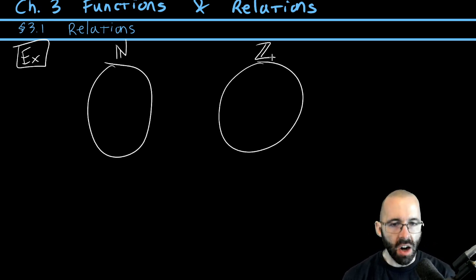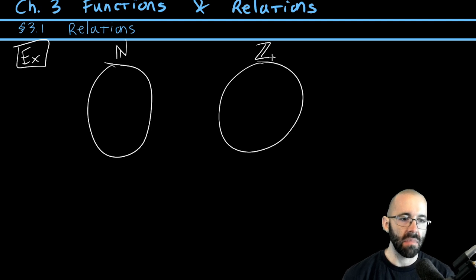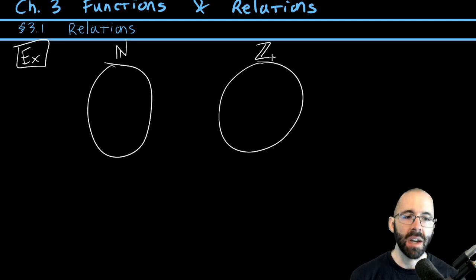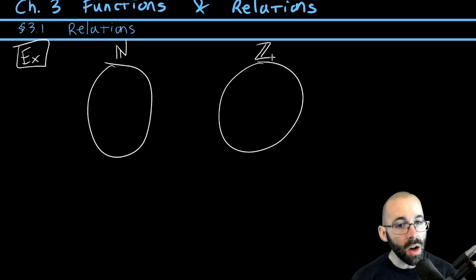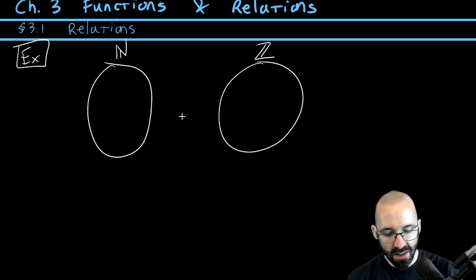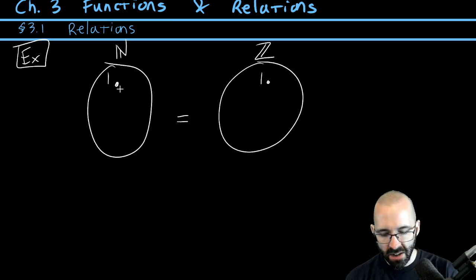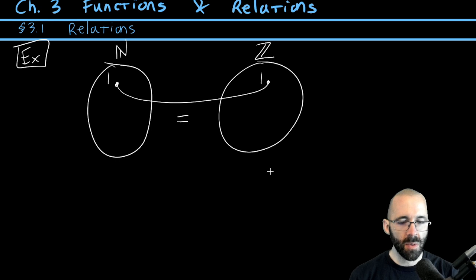Now, we can talk about a relationship between elements in these two sets. Let's start by talking about a relationship that you might have heard about called equality. Well, then there's an element in this set called the number 1. That element is also over here. So 1 has a relation with 1, right?